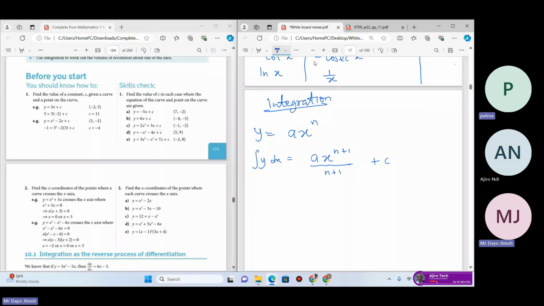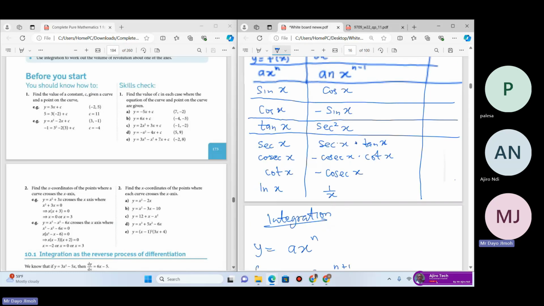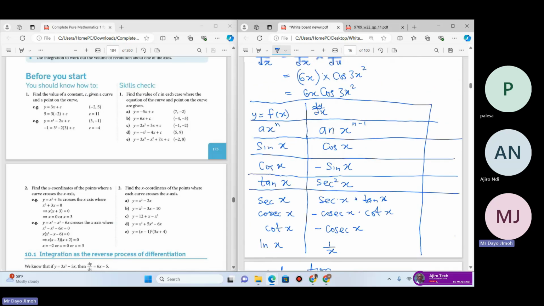Aren't you supposed to multiply the ax by n again? No, you're not supposed to multiply by n again. Instead of multiplying, you divide. Remember that when you are differentiating, you multiply by n times a. So the integral is the opposite. Instead of n minus 1, we're going to do n plus 1.